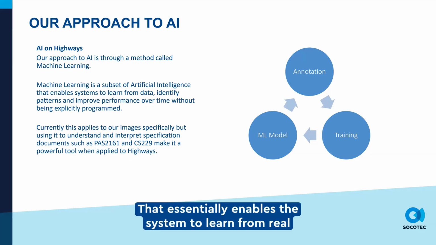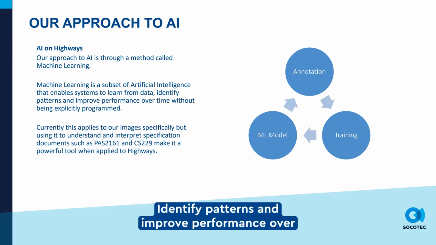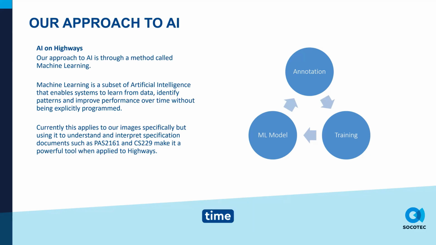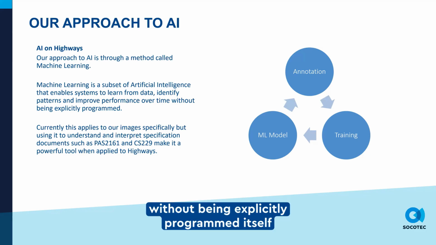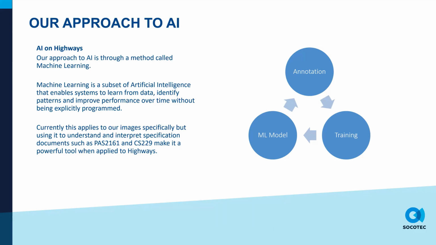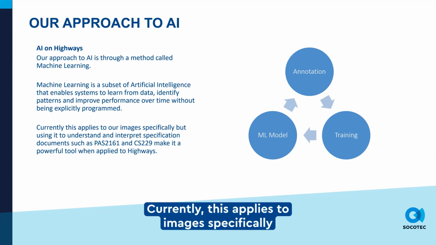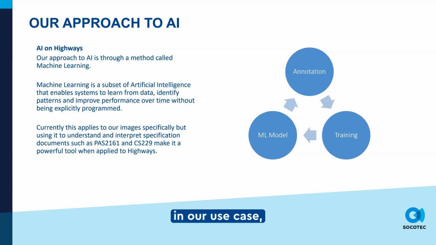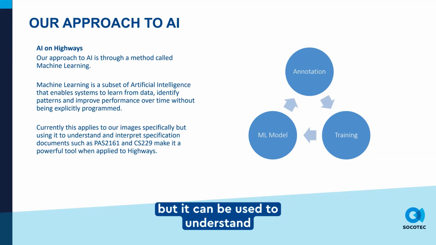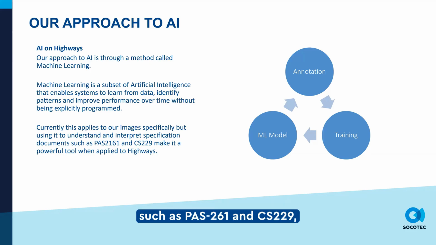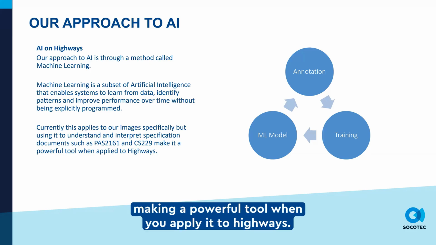That essentially enables the system to learn from real data, identify patterns and improve performance over time without being explicitly programmed itself, using an AI model. Currently, this applies to images specifically in our use case, but it can be used to understand and interpret specification documents such as PAS 2161 and CS229, making a powerful tool when you apply it to highways.